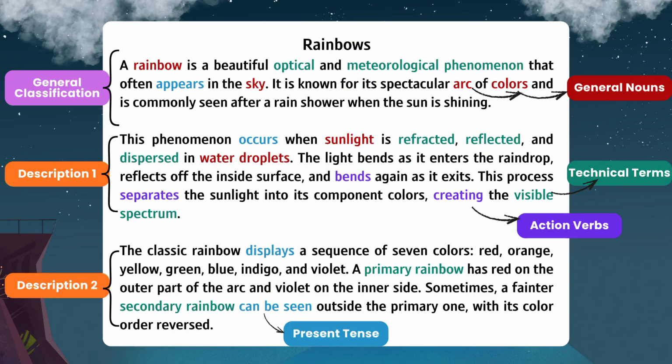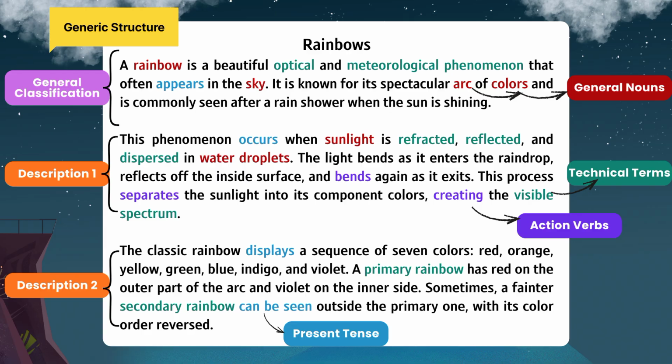The left side is the generic structure of report text, which consists of general classification and description. In this text, the first paragraph is general classification because it directly introduces and classifies what a rainbow is in general, stating it is a beautiful optical and meteorological phenomenon.